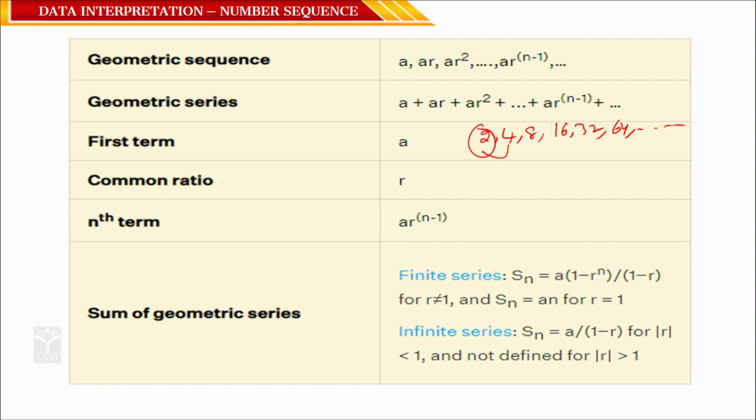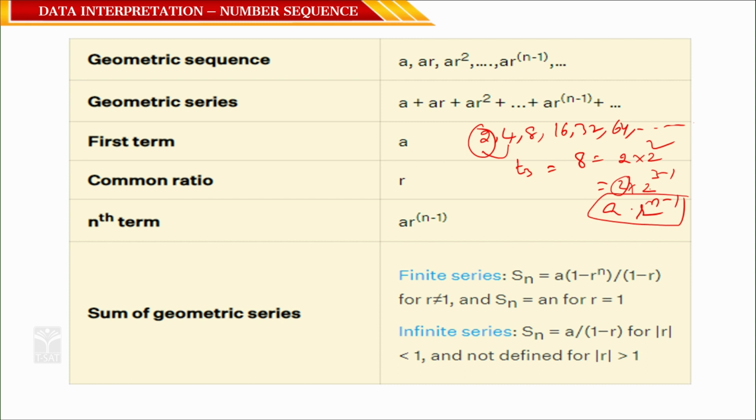Now, for example, you want to get the third term, T3. So, 8, correct? Which you can write as 2 times 2 squared, or 2 times 2 to the power of 3 minus 1. Here 2 is a, of course 2 is r, 3 is the third term, so n minus 1. So, this is the nth term of a geometric progression.